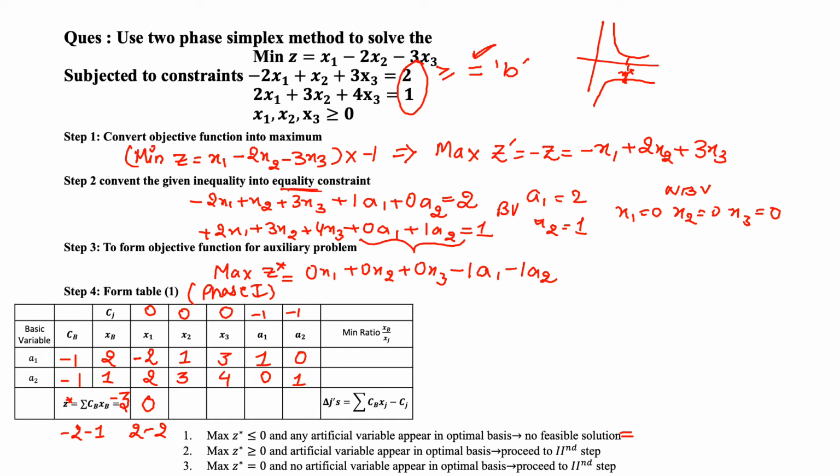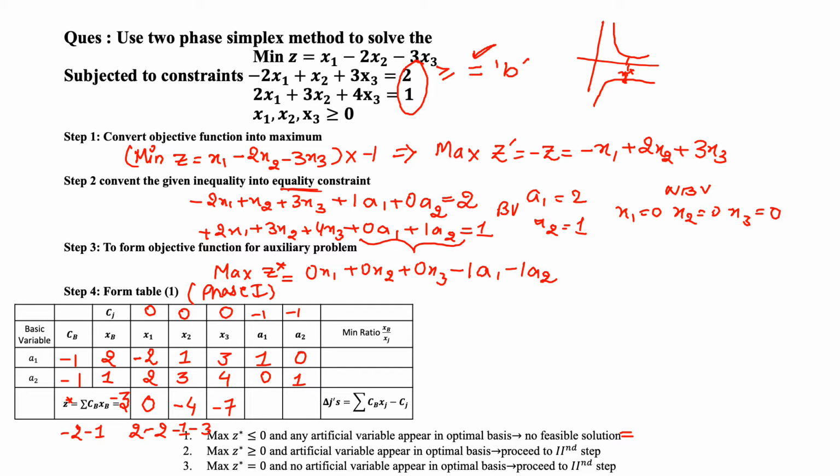Next, -1 into 1 is -1, and -1 into 3 is -3, and cj is 0, so it is -4. Similarly, -3 plus -4 gives me -7, and cj is 0.